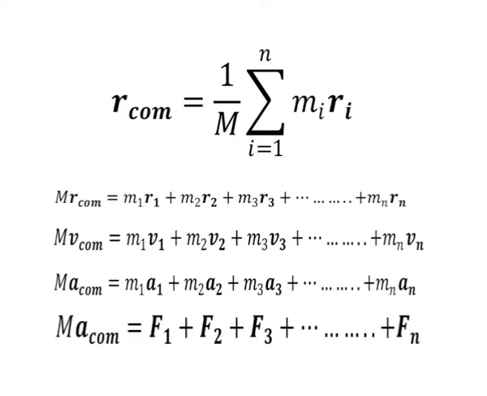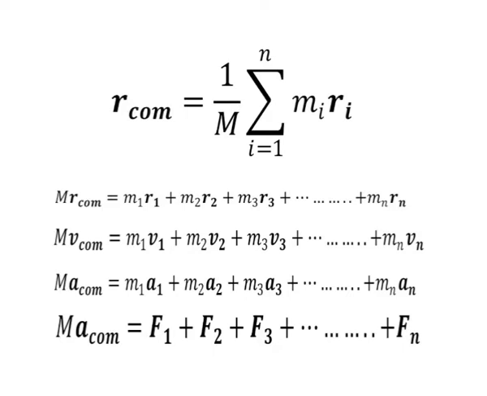From Newton's second law, m i a i is equal to the resultant force F i that acts on the ith particle. Thus, we can rewrite the above equation as m a com is equal to F1 plus F2 plus F3 and so on up to Fn. Among the forces that contribute to the right side of the equation will be forces that the particles of the system exert on each other and forces exerted on the particles from outside the system.